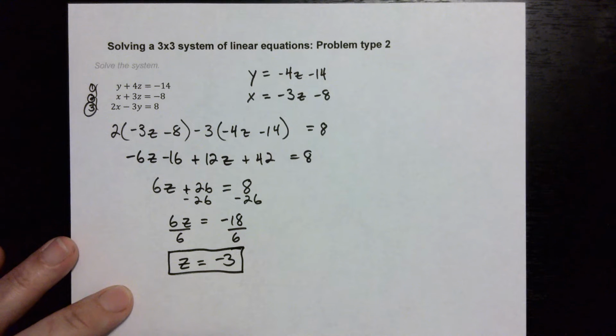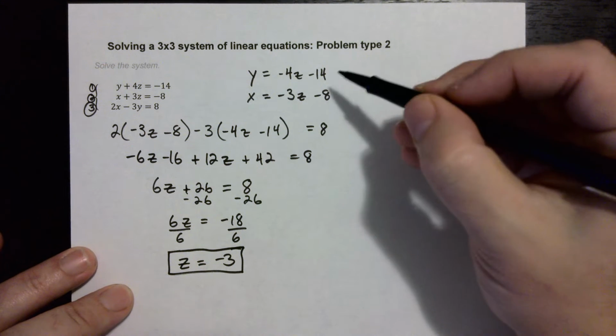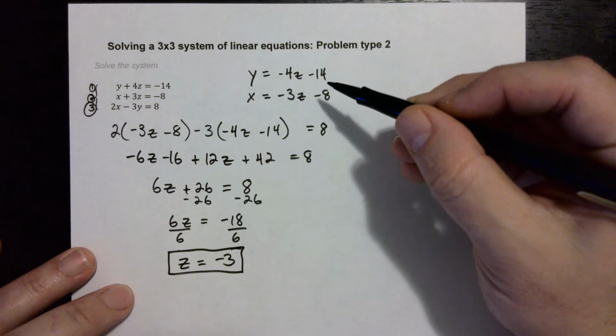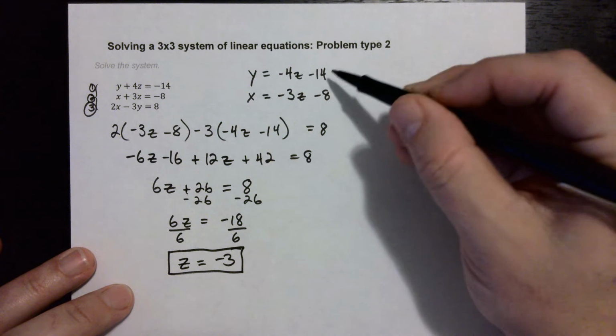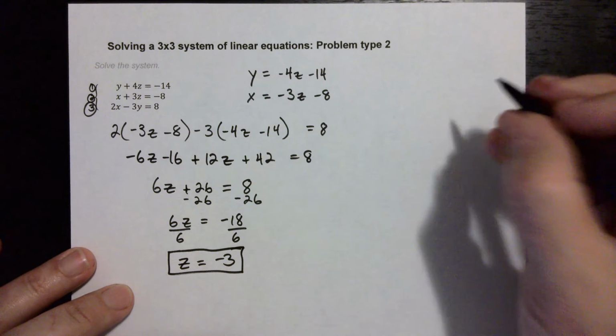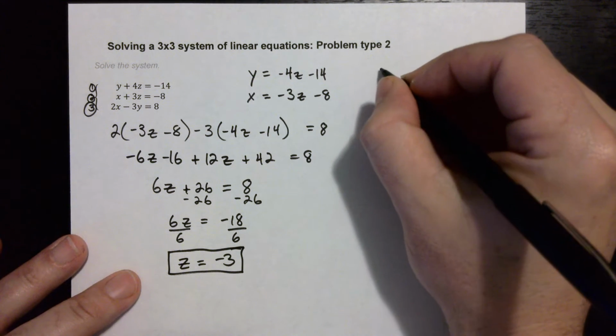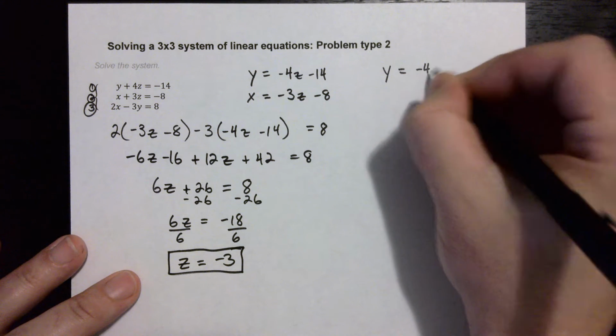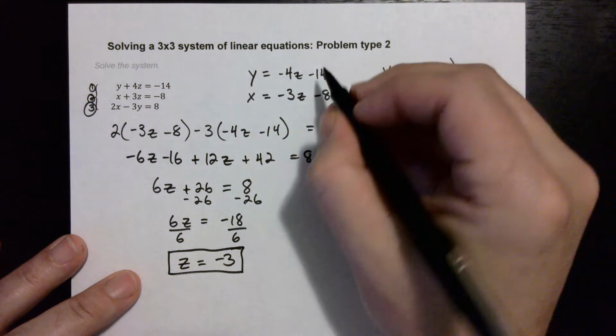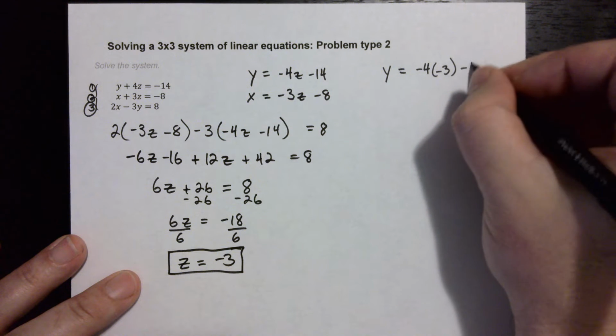Okay, so now that I've got one solved, notice these up here are both solved for z. So all I have to do to figure out x and y is plug in the z values for those. For the y, it'll be negative 4 times negative 3, that's where the z goes, minus 14.